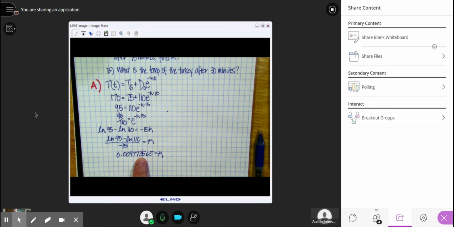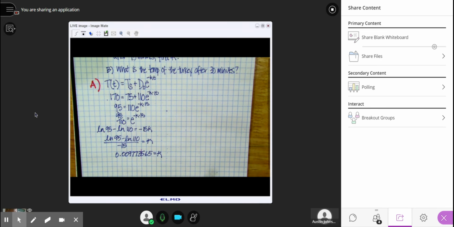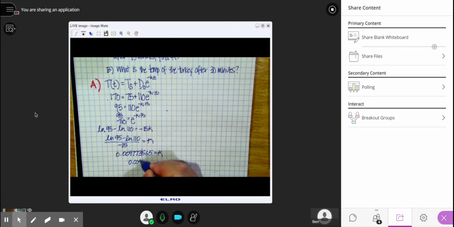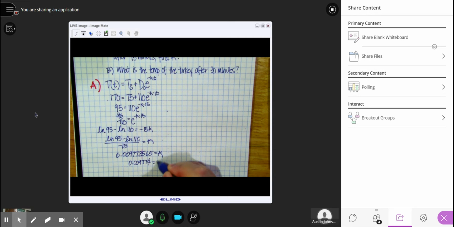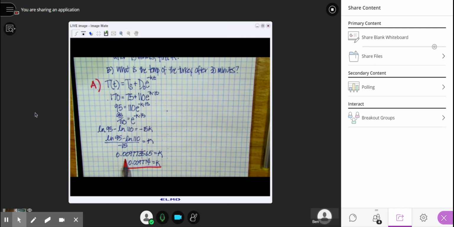So I would keep at least 0.009774. And sometimes that won't be enough. So if you're working on a problem and you think you need to keep 5 or 6 decimal places and you're still getting it wrong, feel free to send me a message saying, what's happening with this one, Amy? Because I think I'm keeping enough. If they're not, sorry. Yep.